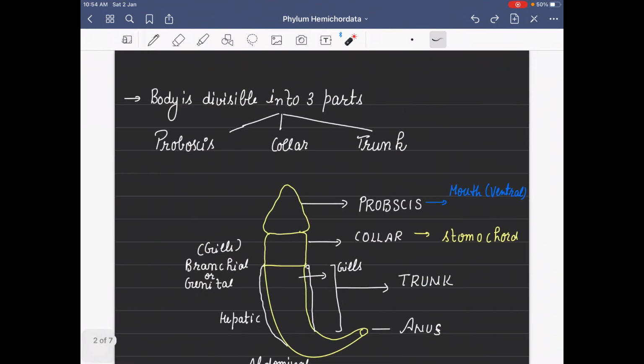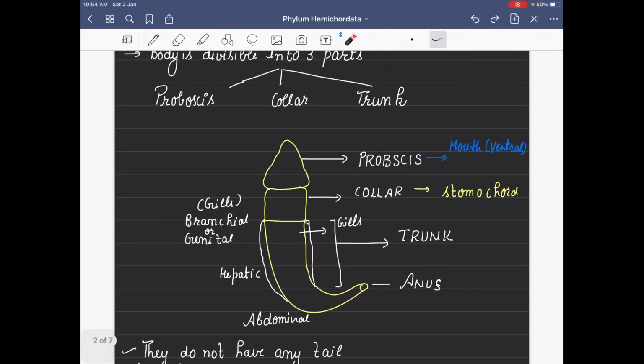Now if we talk about their structure, if you look at the diagram in your NCERT, the whole body is divided into three main parts: proboscis, collar and trunk, right? Proboscis is a triangular shaped structure.